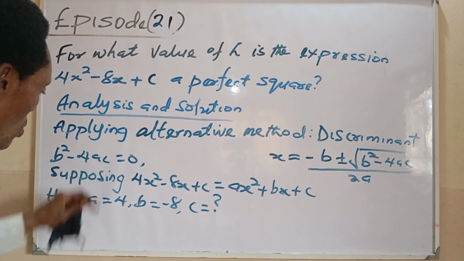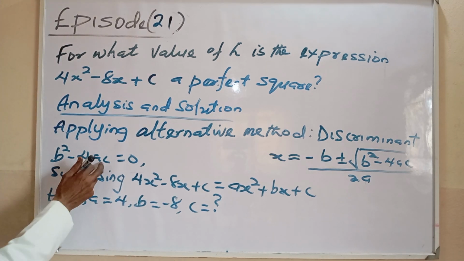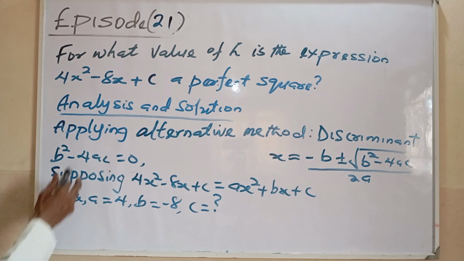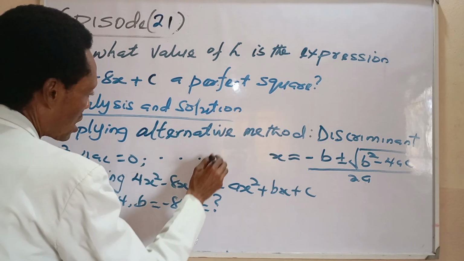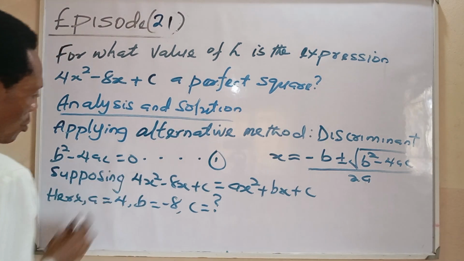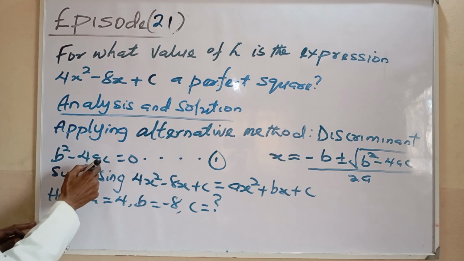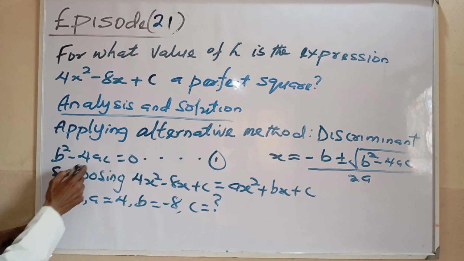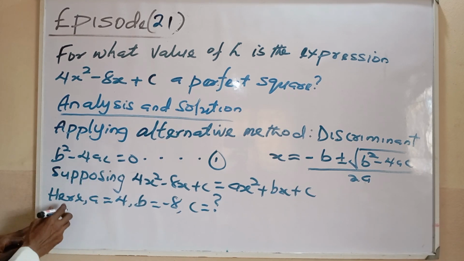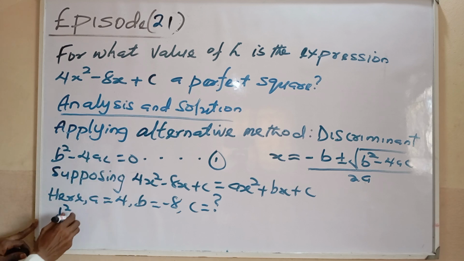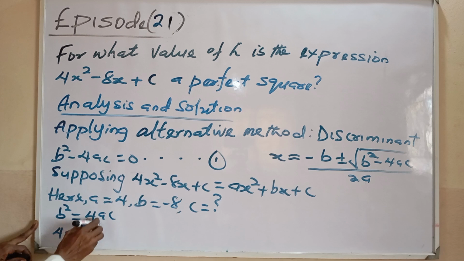So from here, let's see. We want to make c the subject of the formula. Let's call this equation 1. Making c the subject of the formula, we now have b squared minus 4ac equals 0, then move 4ac to the other side, which I can equally say 4ac equals b squared, because I'm looking for c.